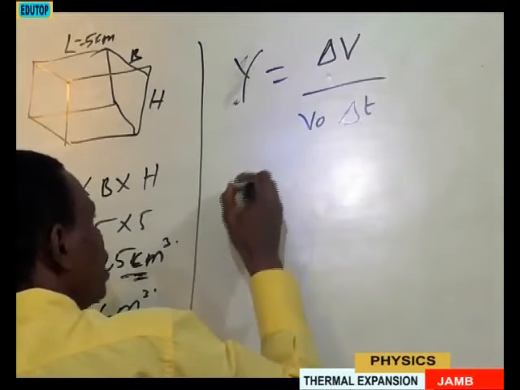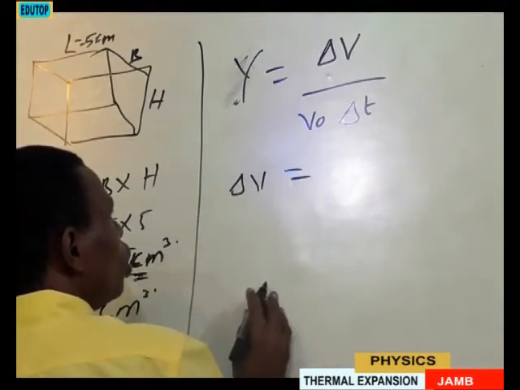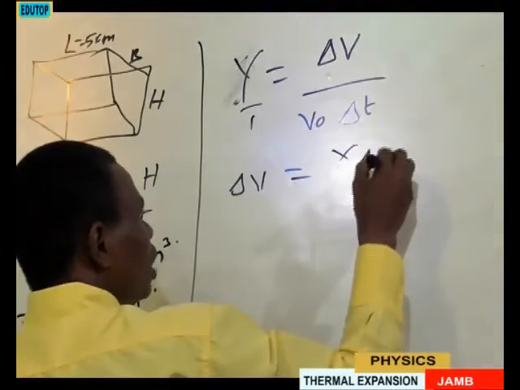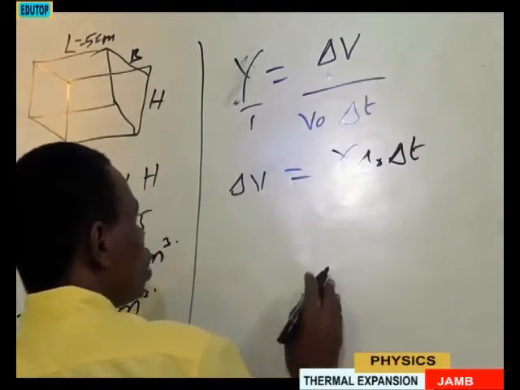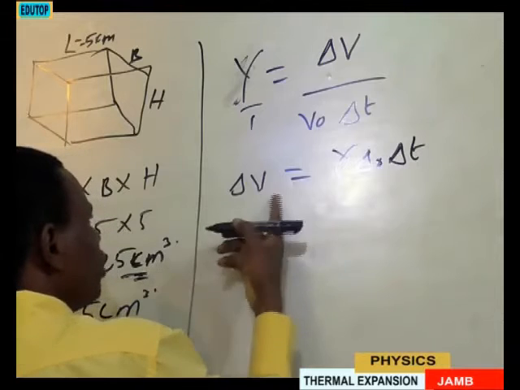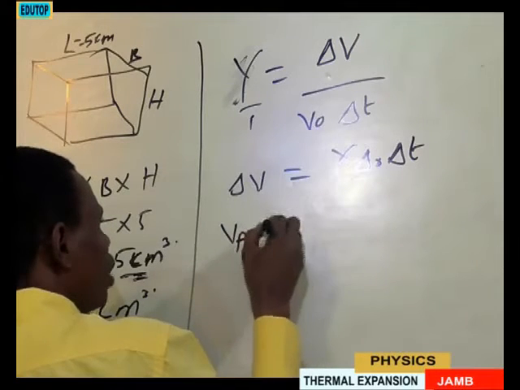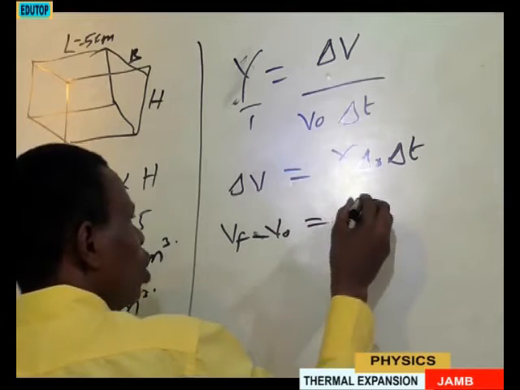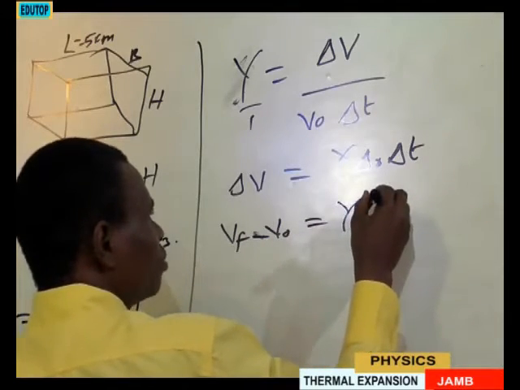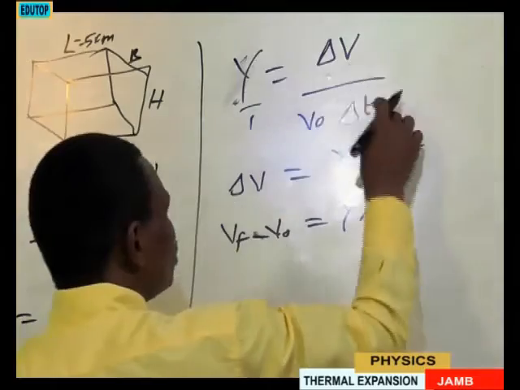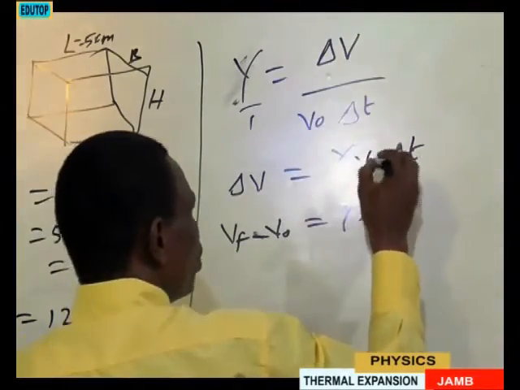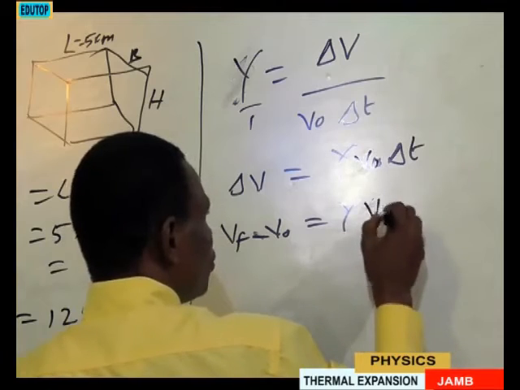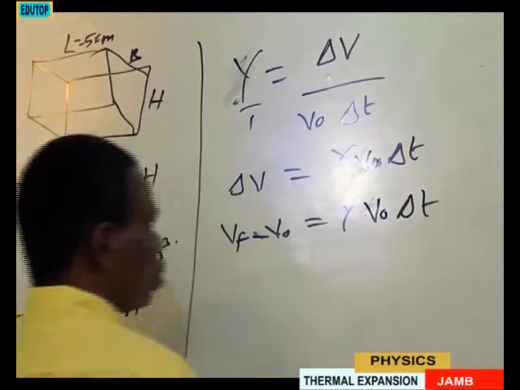From there we can say change in volume is equal to original volume times cubical expansivity times change in temperature. But do you know that change in volume is final volume minus original volume, which is equal to the whole of this again. This times this. This is V naught, change in temperature.